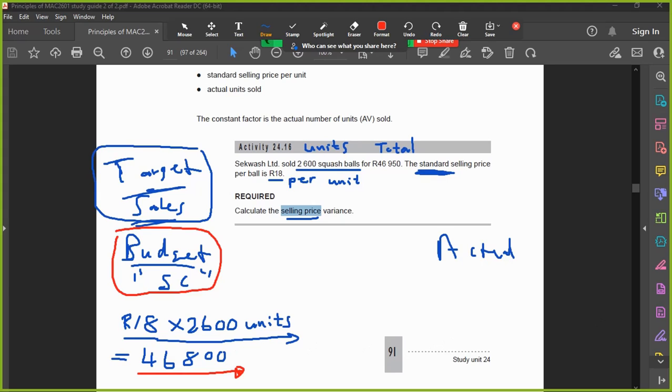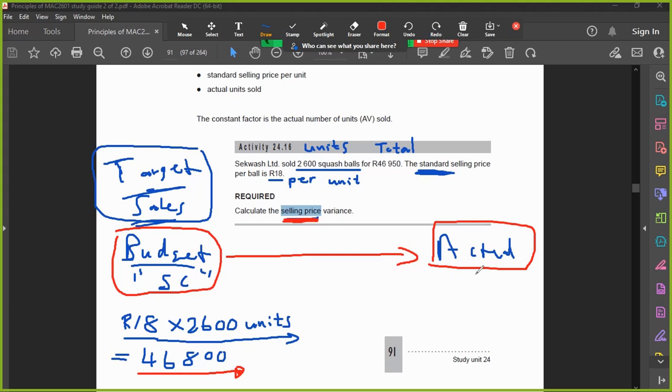How much we are hoping to sell it for as a whole. Exactly. This business is going to want to sell a certain number of balls to make a certain profit. Here they want you to work out the selling variance. The selling price variance is going to be based on what you had actually sold. Does that make sense?